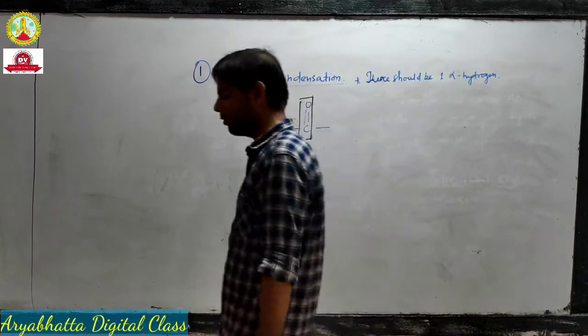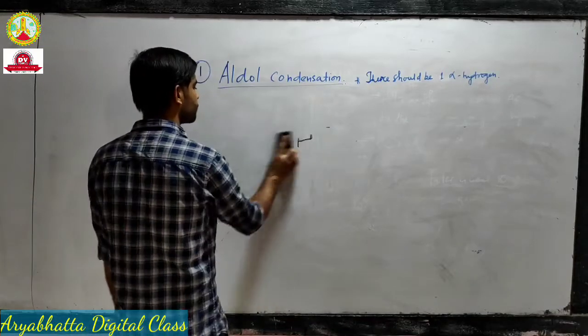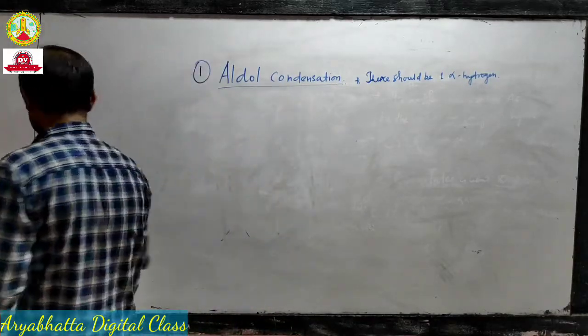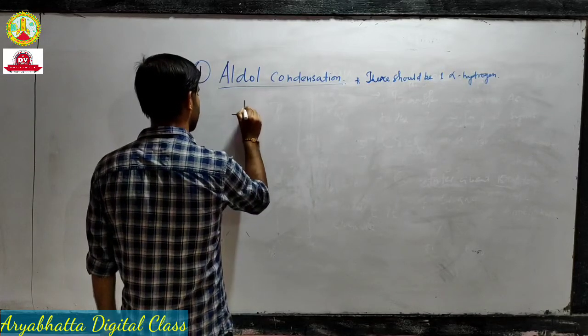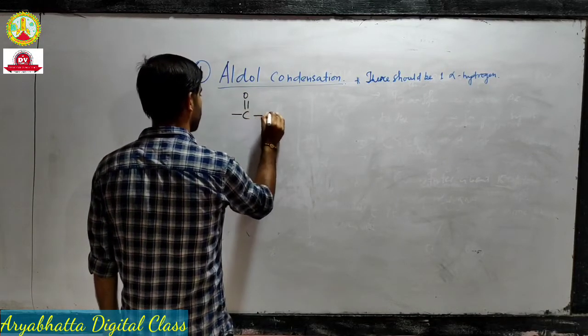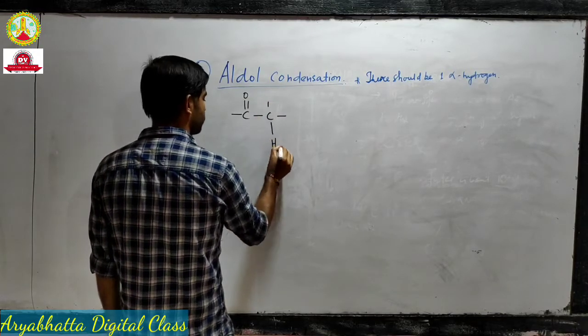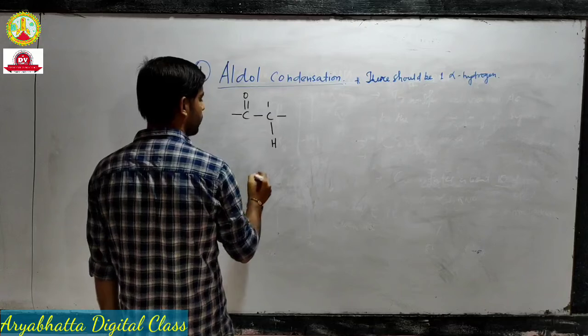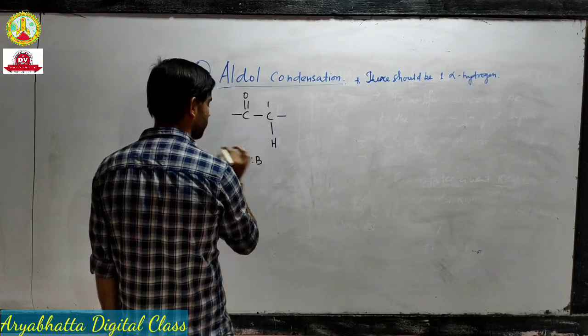Now see how aldol condensation is done. So suppose the hydrogen, this is alpha hydrogen. So we will need a base. Base is required.